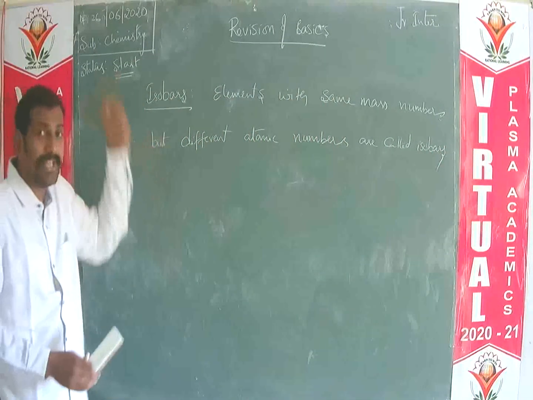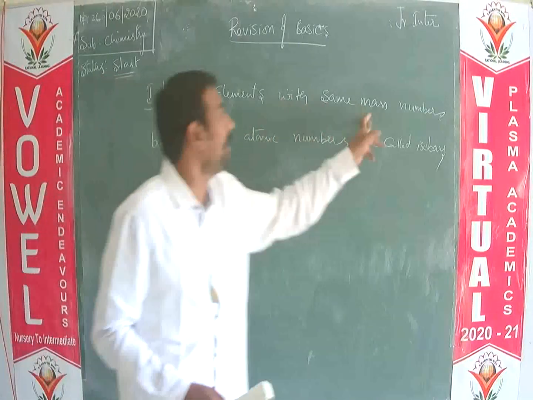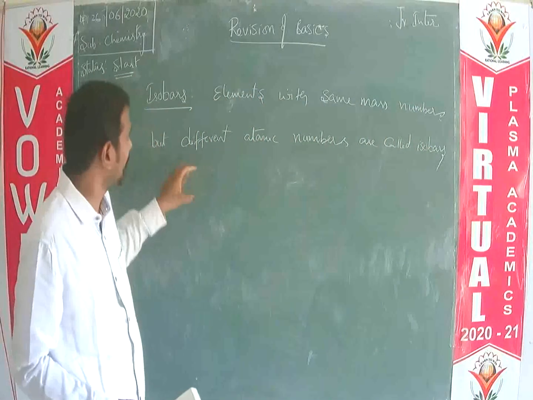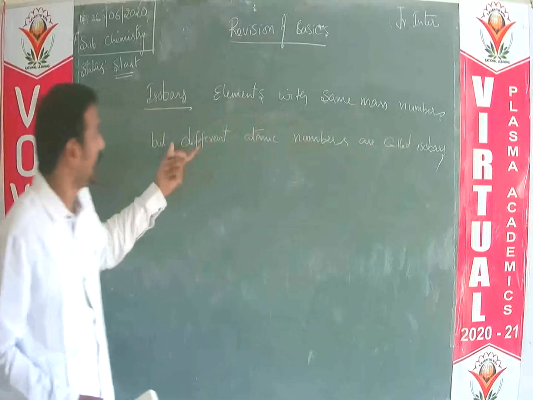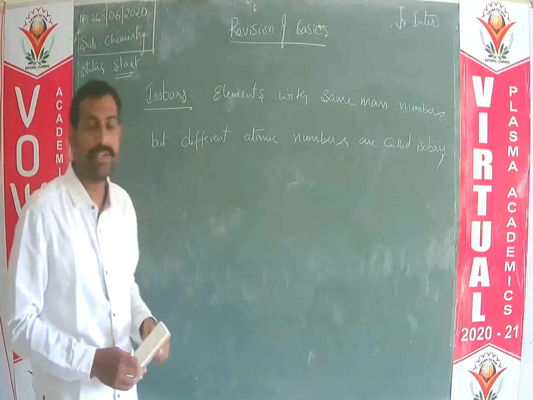In the previous one, isotopes, elements have the same atomic number but different mass number, but in this case, elements with the same mass number but different atomic numbers are called isobars.